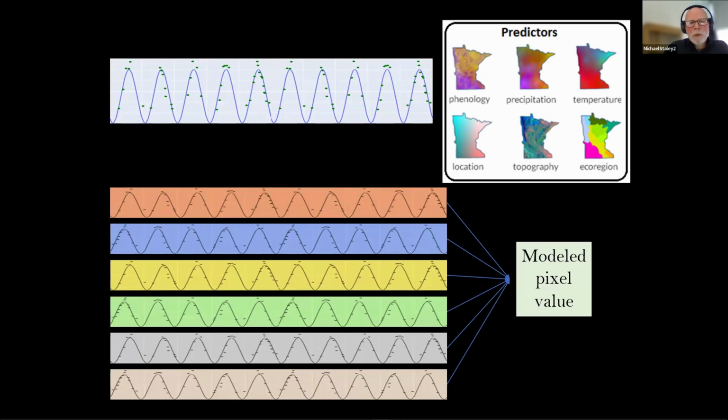They used the trajectory models along with some additional predictor data sets, the ones up here: phenology, precipitation, temperature, location, topography, and ecoregion, to associate each pixel with a pool of the most similar plot location pixels. That way, every single pixel is associated with a pool of the most common plots, whose FIA measured values can be summarized and applied.